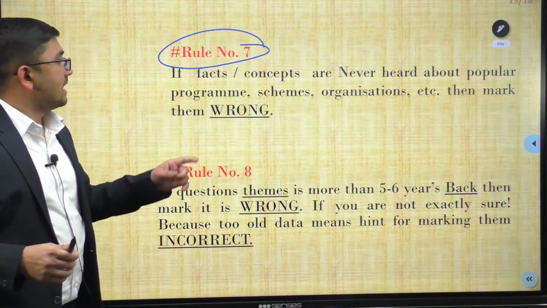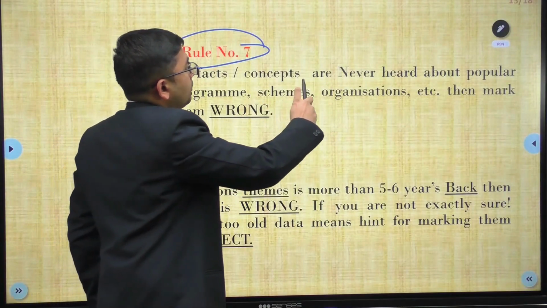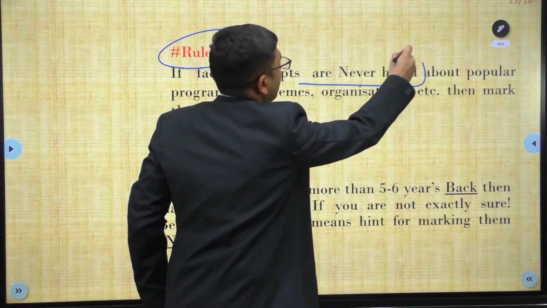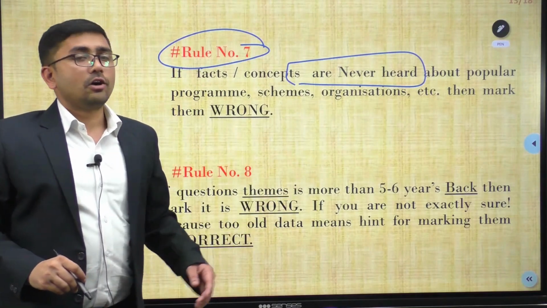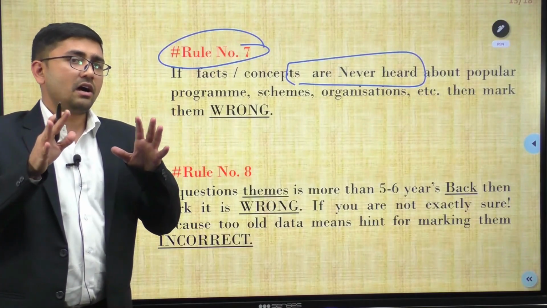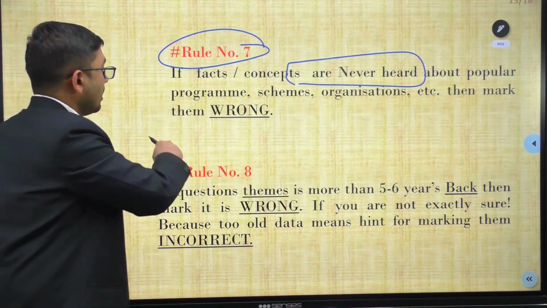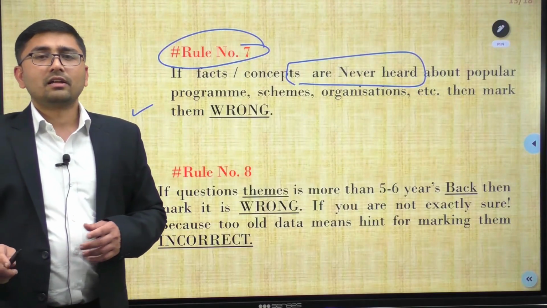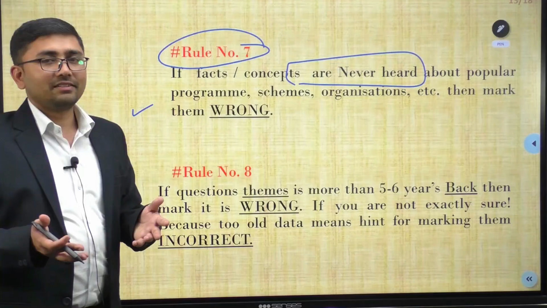We are going to see rule number 7. Rule number 7 says that if a fact or concept is something you have never heard about, such as a popular program, scheme or organization, then mark it wrong. If you are not aware of any fact given and are in doubt whether it is correct, you can think it is wrong, because if you are not aware, then others are also not aware of that program or fact.